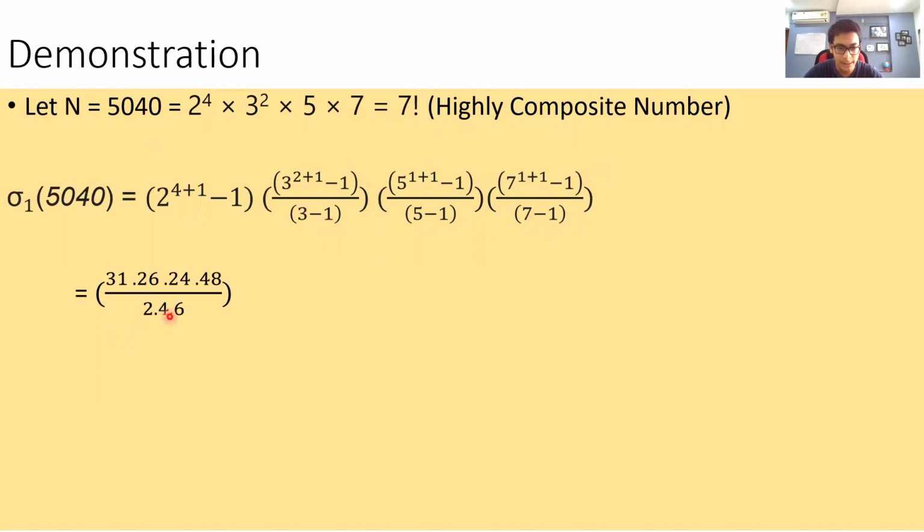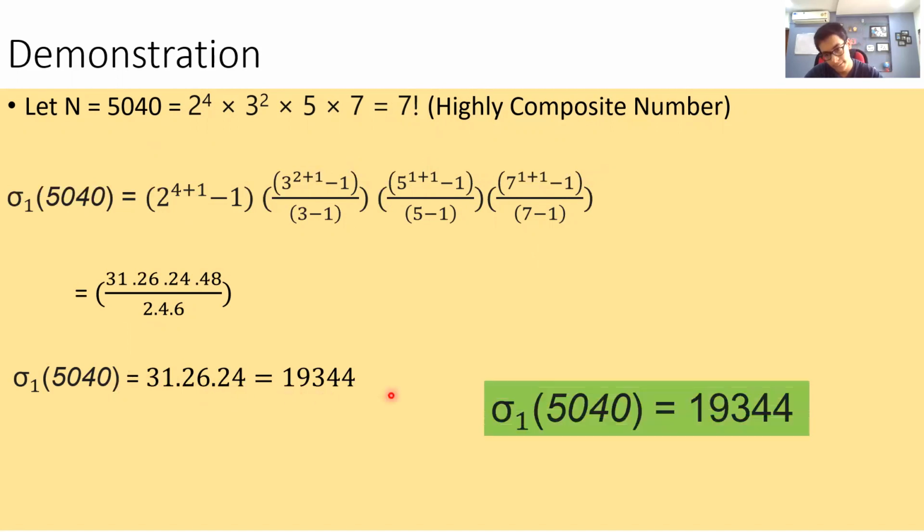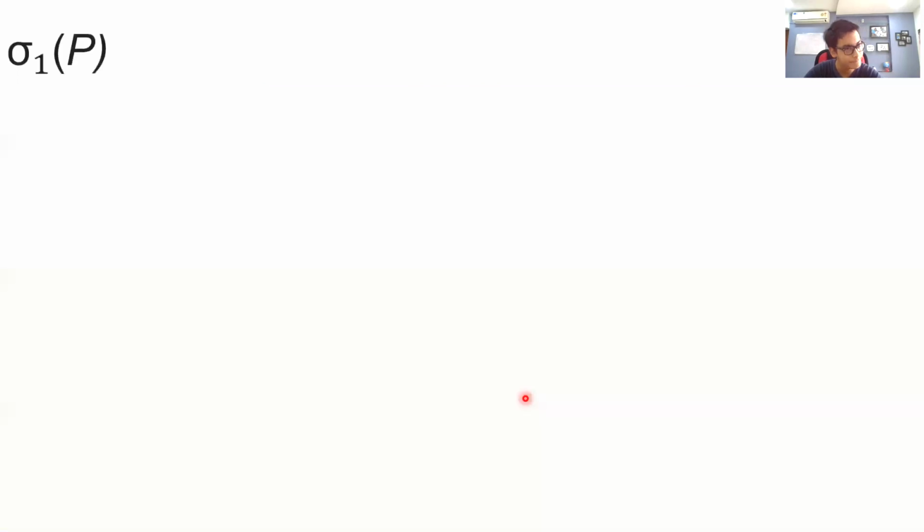Now notice that 2 times 4 times 6 is exactly 48, so the 48 from top and bottom cancel out. Therefore, the sum of divisors of 5040 equals 31 times 26 times 24, which is 19,344. And that can be verified online as well.